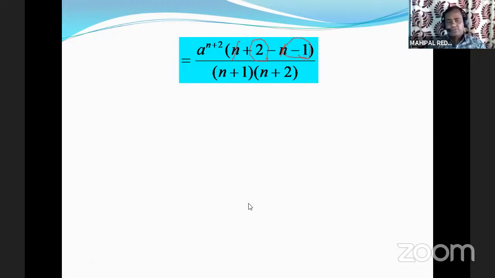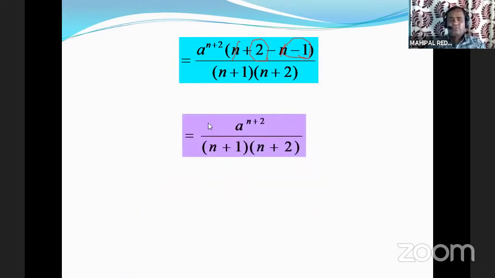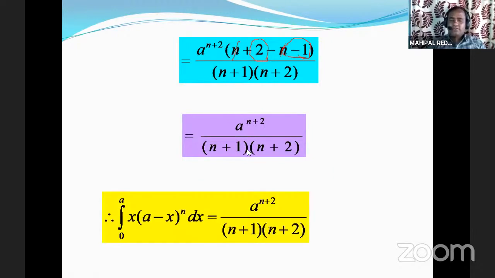So 1 is no need to write here. Therefore, it is equals to a power n plus 2 by n plus 1 into n plus 2. Therefore, integration 0 to a of x into (a minus x) all power n dx equals a power n plus 2 by n plus 1 into n plus 2.